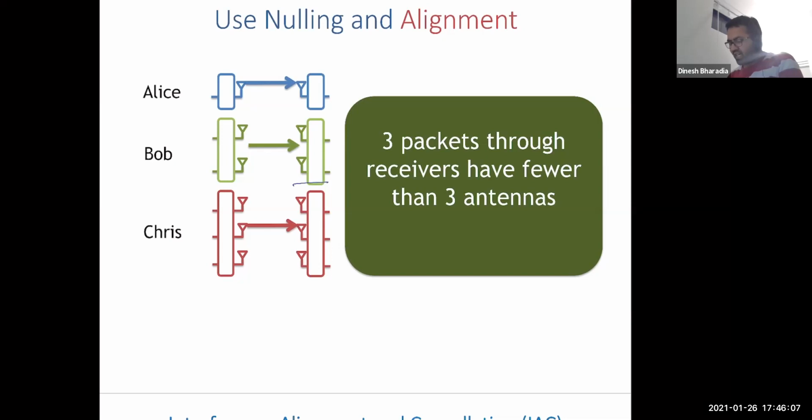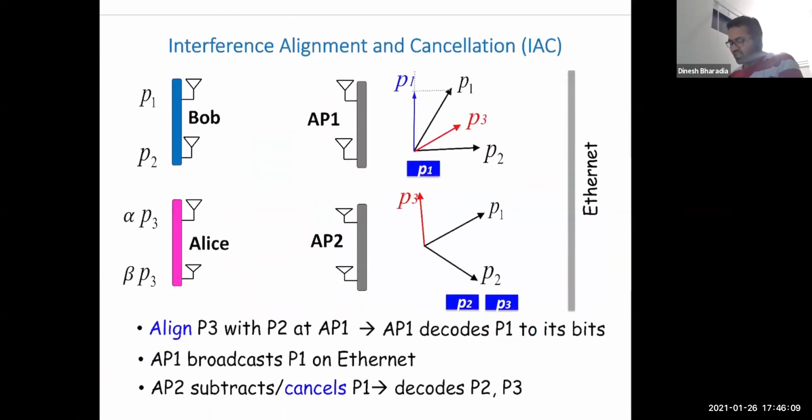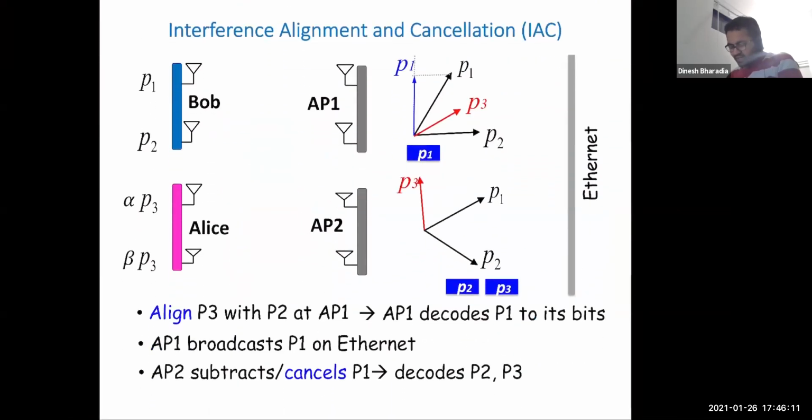Even the second one doesn't have that many receivers. So let's take an example in a really practical sense. There is an AP1, AP2. They have Ethernet between them, and they are synchronized. Let's say AP1 and AP2 have two antennas, same as Bob and Alice.